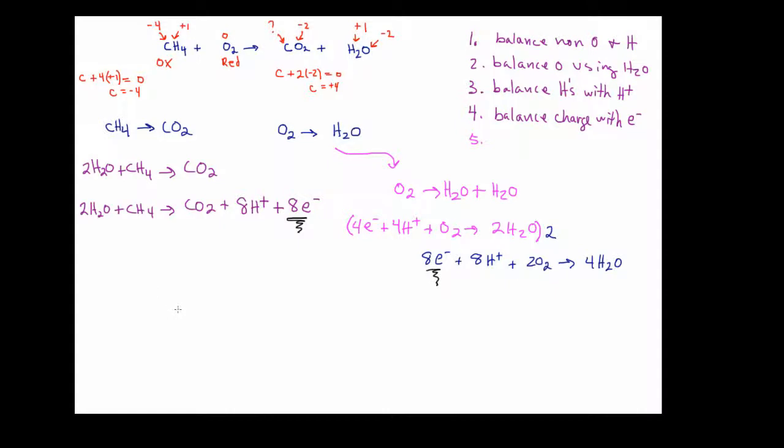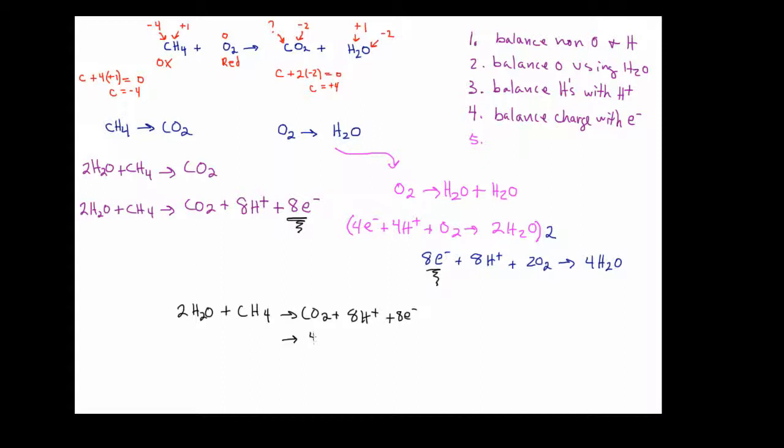So the half reaction for the oxidation is going to be 2 H2O plus the methane, all right, going to CO2 plus the 8 H plus the 8 electrons for that. Now what I want to do when I bring in this next reaction is make sure that my arrows are lined up.